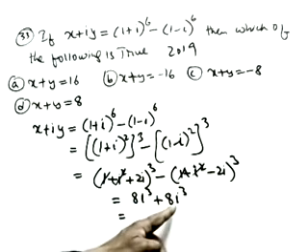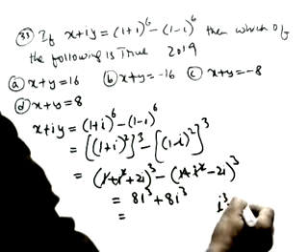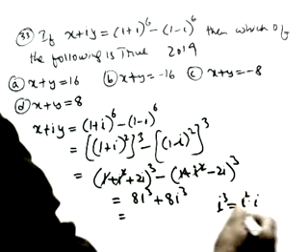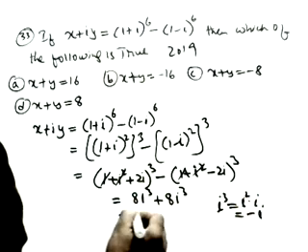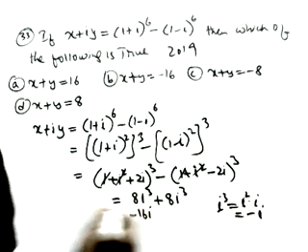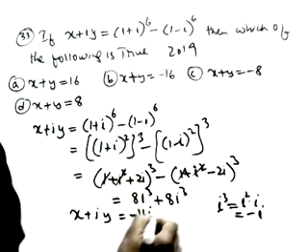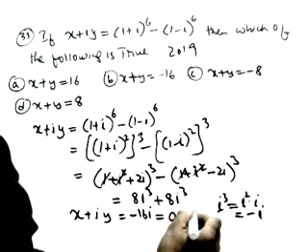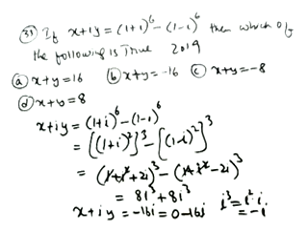Now see here, next step. Again i cube can be written as i square into i, that is minus 1 into i, minus i. So this is minus 8i, minus 8i will be minus 16i. Now compare this one, x plus iy equals to, this can be written as 0 minus 16i.